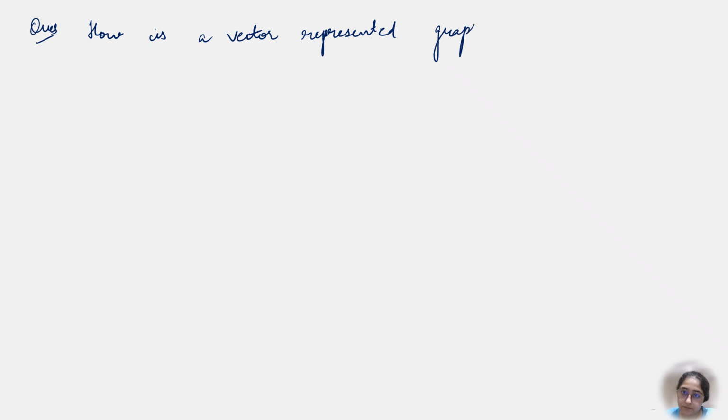Now let us answer this question. How is a vector represented graphically?